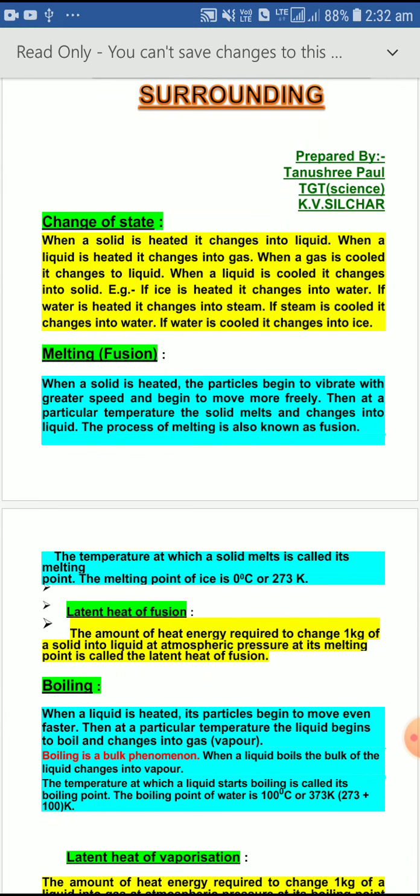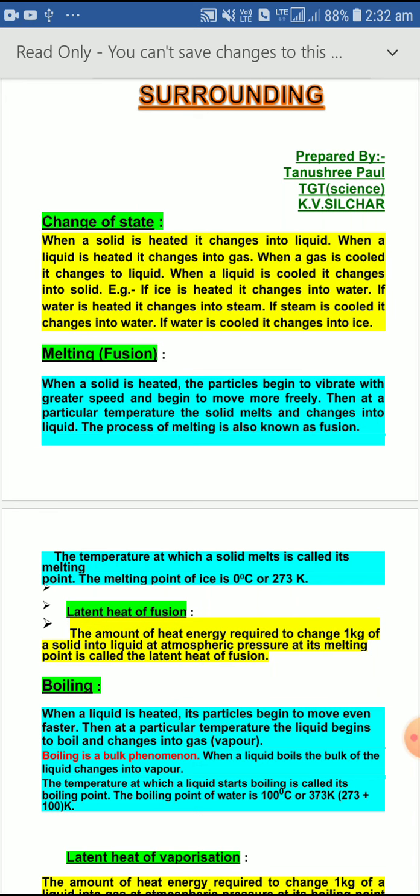We say the water boils at 100 degree. Unless 100 degree is reached, the water will not boil. But in evaporation, it is not like that. Suppose water is there on the floor, but when heat comes, it evaporates. So that particular temperature is not required.